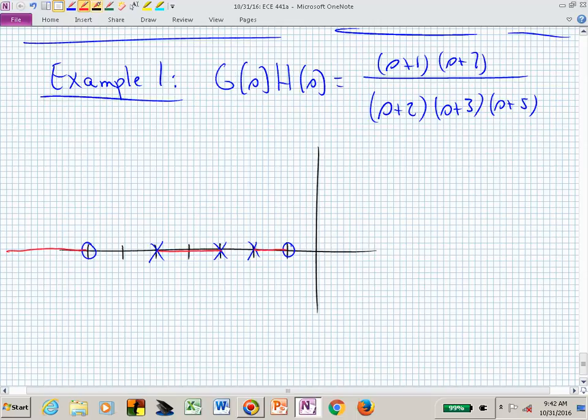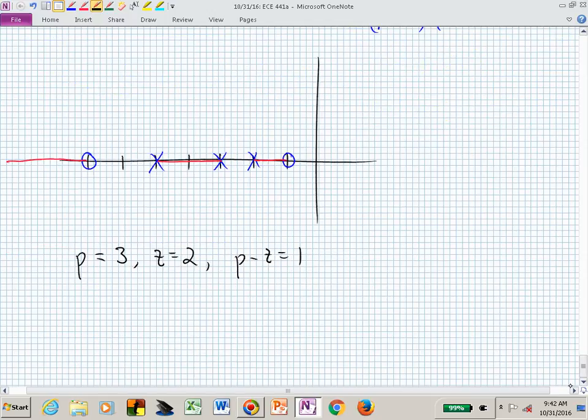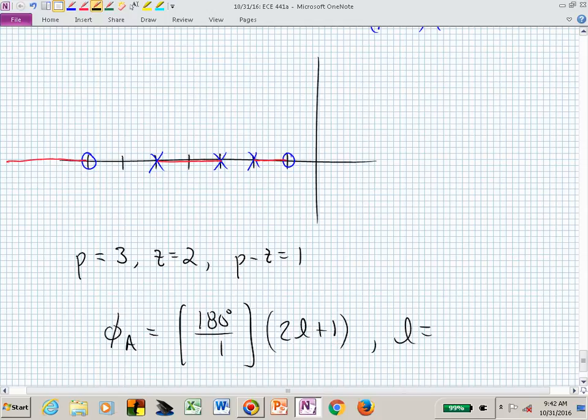Now, what is P? How many poles do I have? 3. What's Z? That's 2, so P minus Z is 1. What's my angle of the asymptote? So that's 180 divided by P minus Z, which is 1, times 2L plus 1, but L goes up to 1 less than my pole zero excess, and that's just 0.